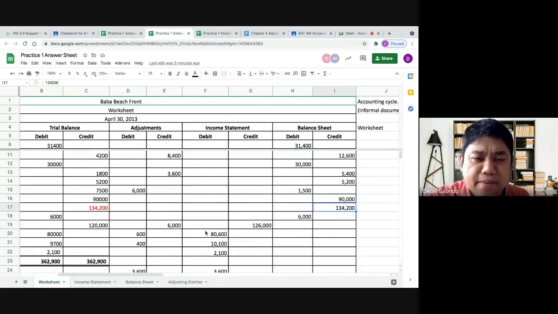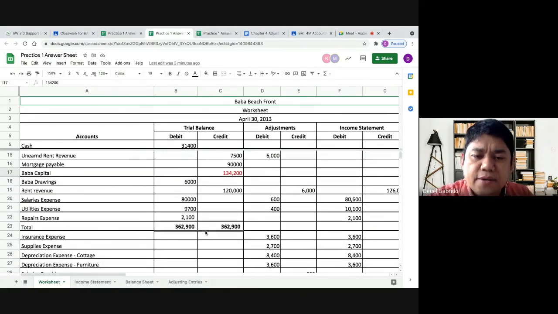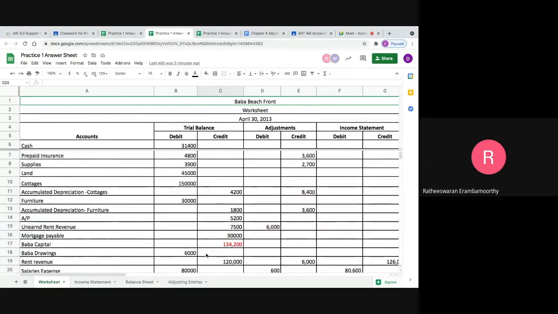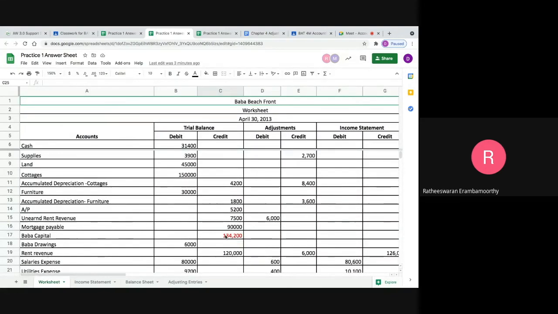Okay, one more time. If the debit is 362,900, the total credit must also be the same because that's a trial balance, right? Because you already put about 38,400 for the capital, and I'm late to join the class.